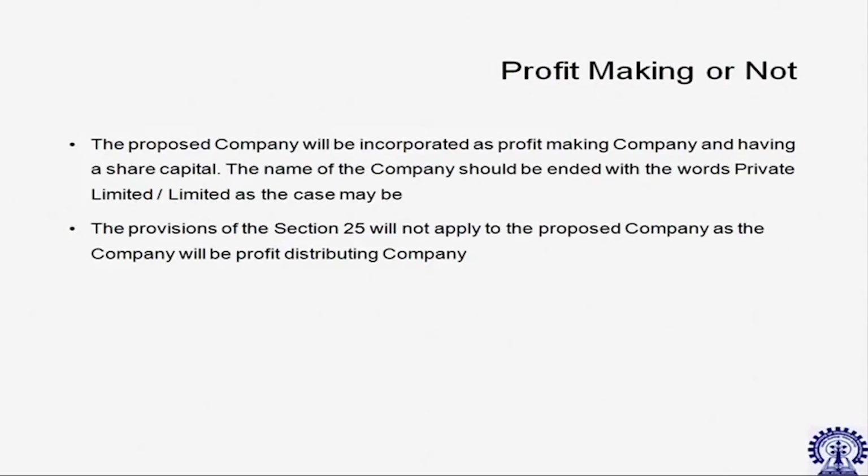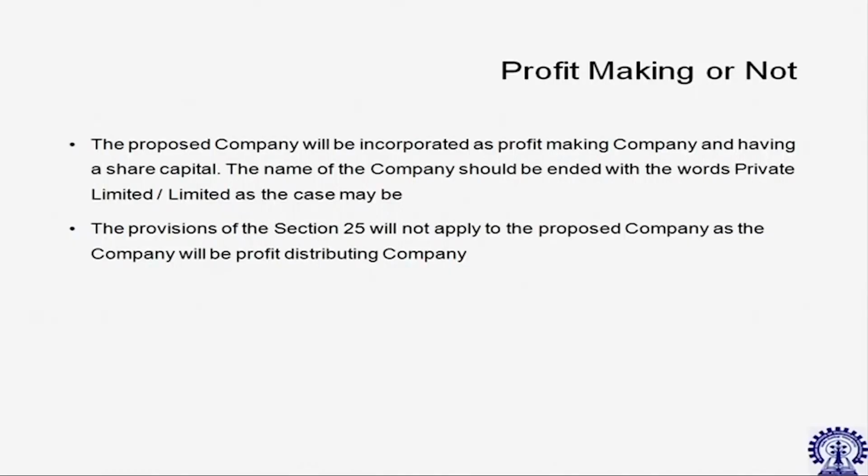Now, you also need to say whether this is a profit making company or not. If it is a non profit making company, then you have to additionally apply for a license under section 25 of the old Act, and it is section 8 under the new Act, that means under the Companies Act 2013. The central government is going to issue the certificate based on certain criteria, and it might tell you what the do's and don'ts are, because whenever you get this exemption, you cannot use this entity for any commercial venture.